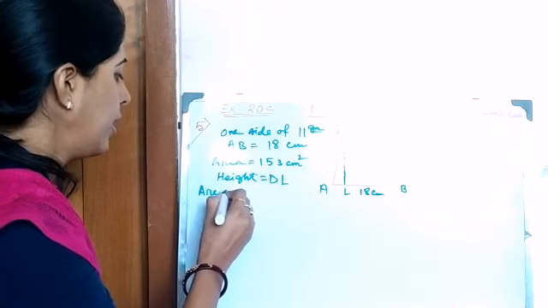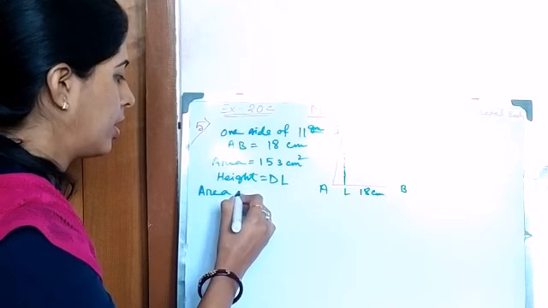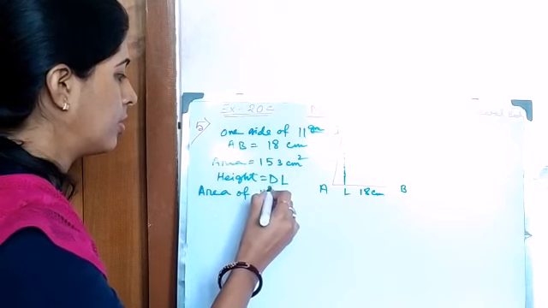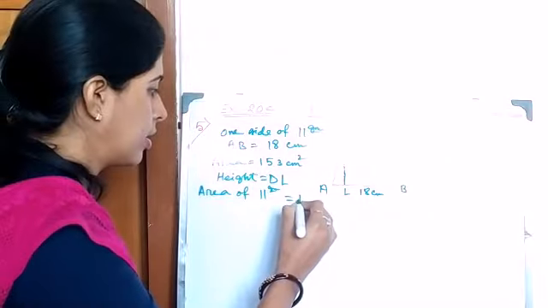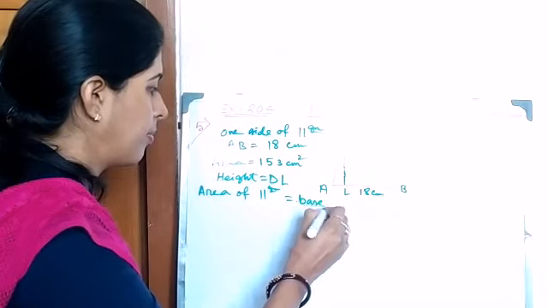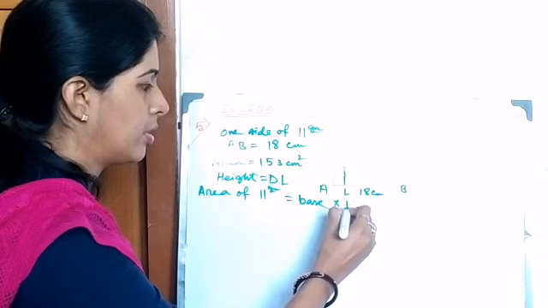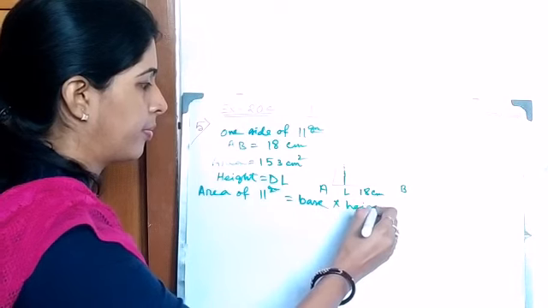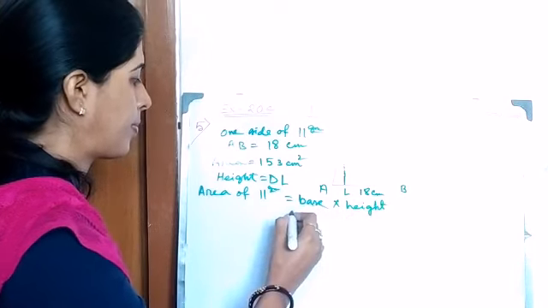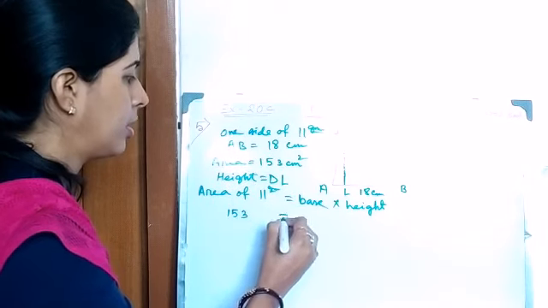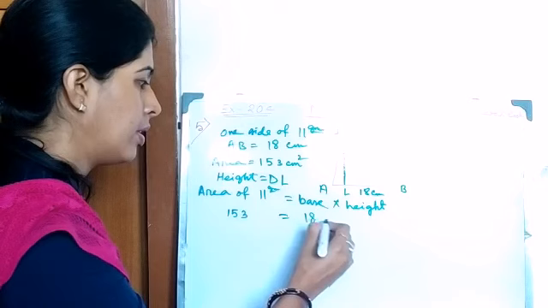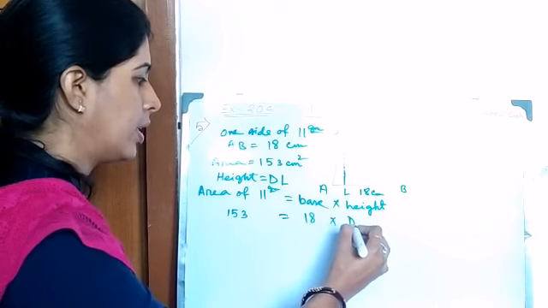Now area formula we will write. Area of parallelogram equal to base into height. Area is 153, base is 18 and height is DL.